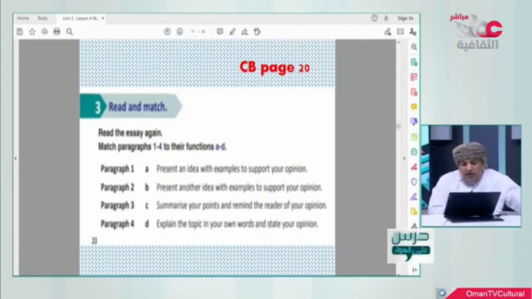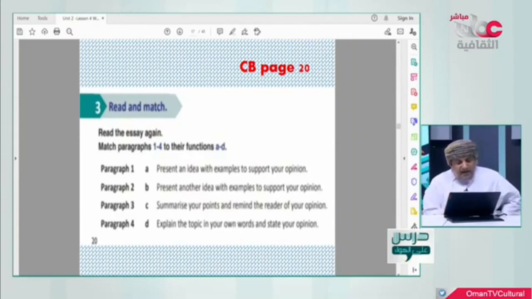Okay, I want you to read paragraph 1 here. A, present an idea with examples to support your opinion. Paragraph 2, B, present another idea with examples to support your opinion. C, summarize your points and remind the readers of your opinion.